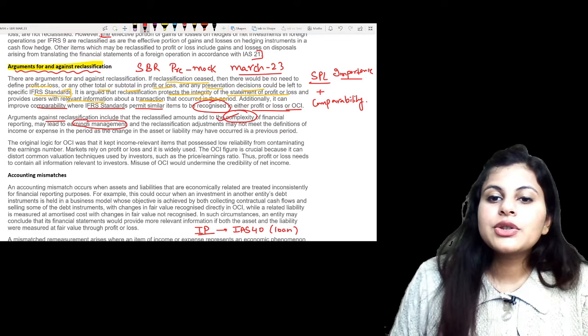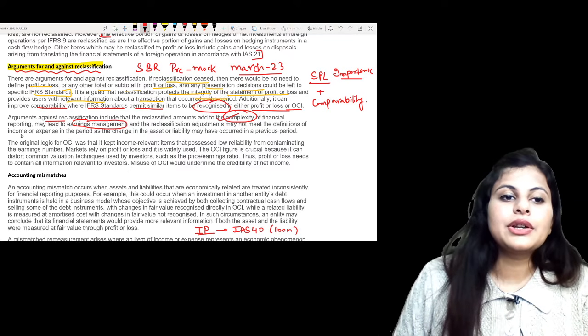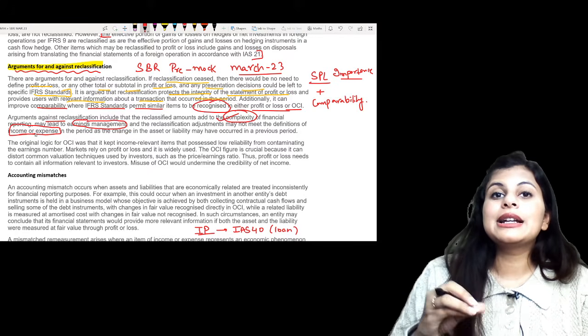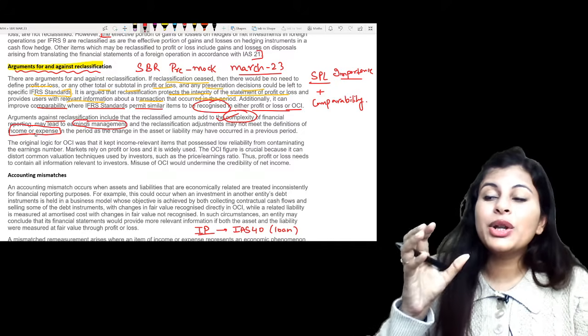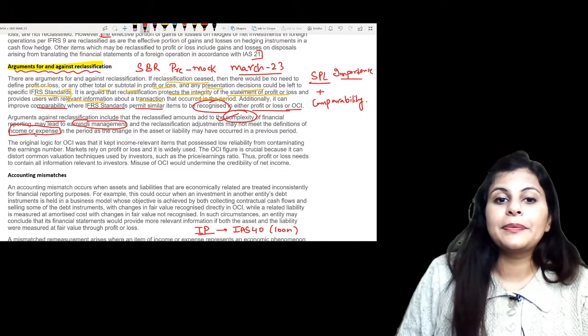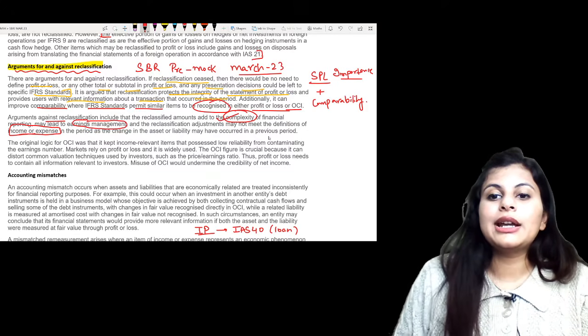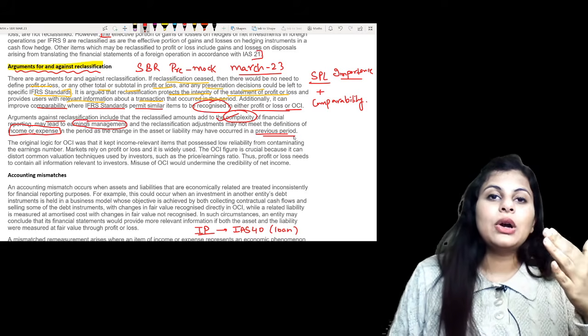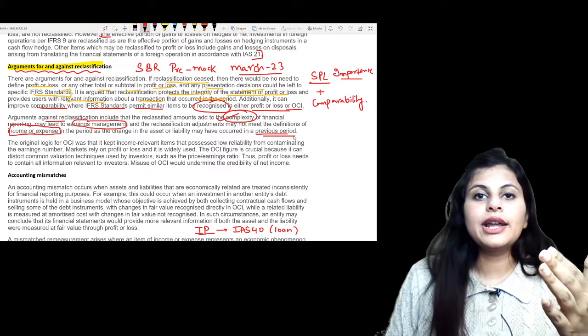The reclassification adjustments may not meet the definitions of income or expense, because what is income and expense? That is what occurred in that period, but what you are reclassifying is not income or expense of that period, right? It occurred in a previous period. That's what I said. There was a gain on remeasurement.